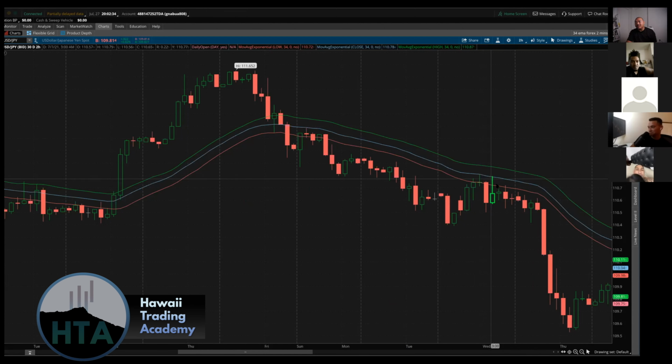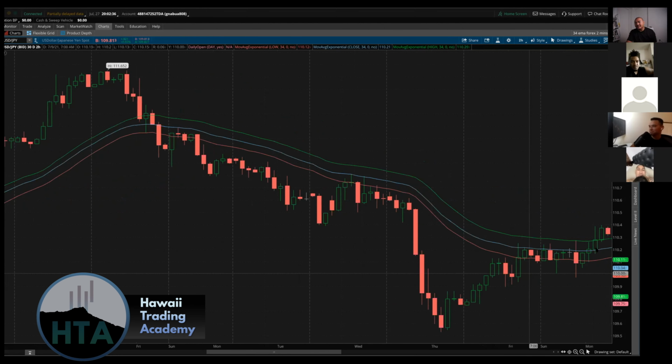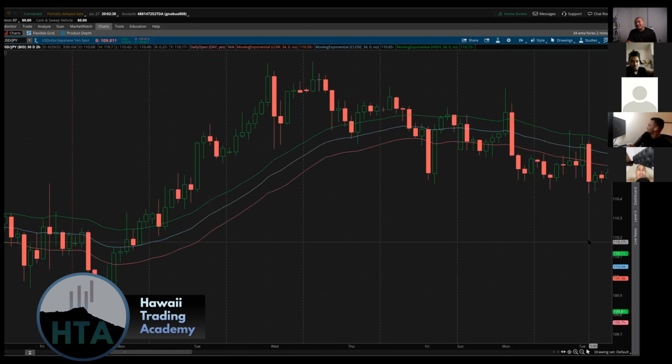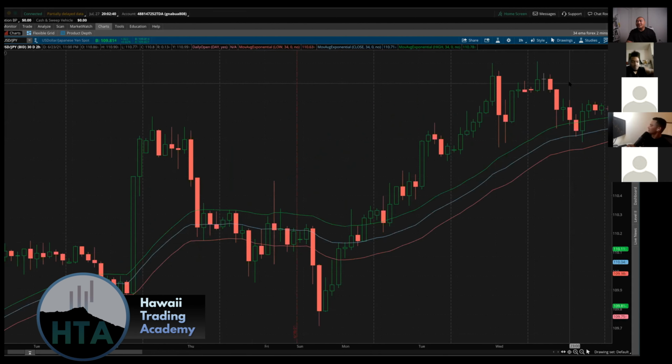You can load up another position, dumps down. So this is a 34 EMA setup. I used it briefly. I didn't really see any success. I don't think I put it to use long enough to get a valid result. But I found this from that article that I read. I still don't remember her name, but yeah, man.